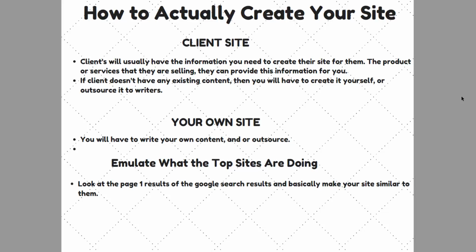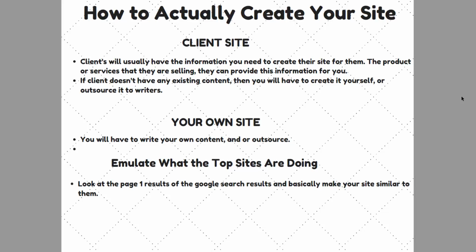Okay, don't worry. What you can do is emulate what the top sites are doing. So let's say, for example, I'm doing Home Security Denton, right? So I would type into Google "Home Security Denton," and then I would look at the top search results and see what they're doing and basically emulate it.